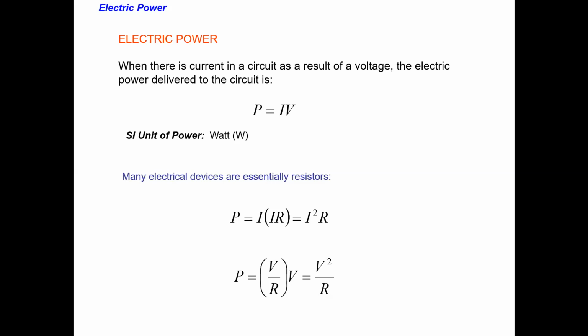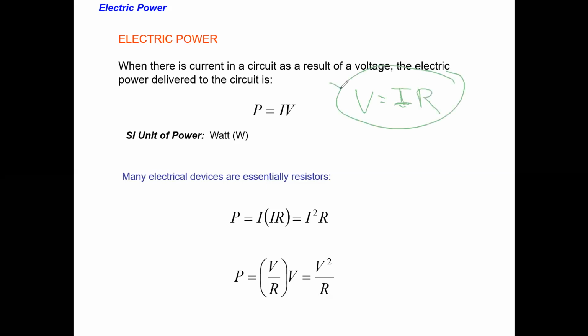And just to remind you guys, power is what? Energy divided by time. And one thing we can do, if we recall Ohm's law, and Ohm's law says V is equal to I times R, is we can plug this into our power equation. If we plug the V in, then we get what?